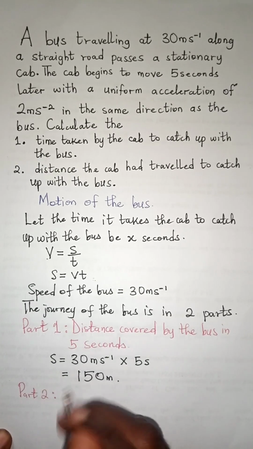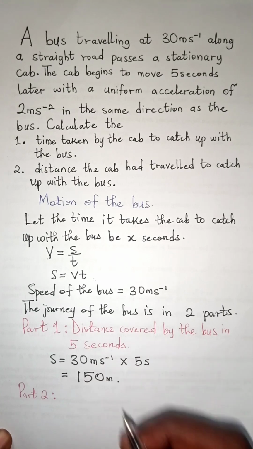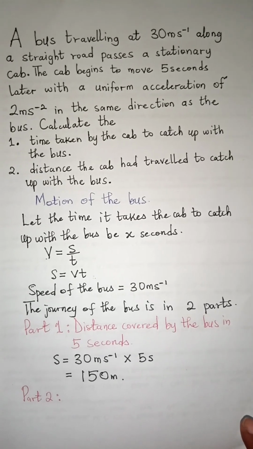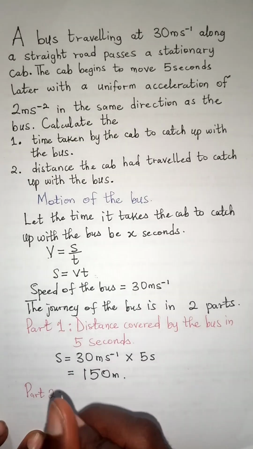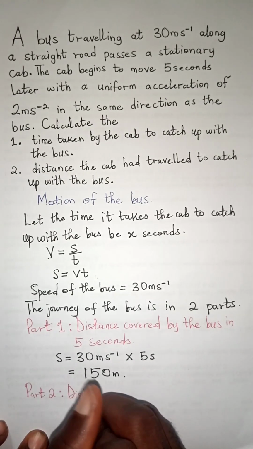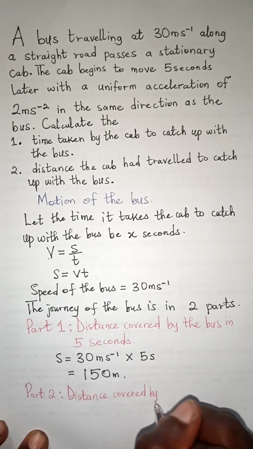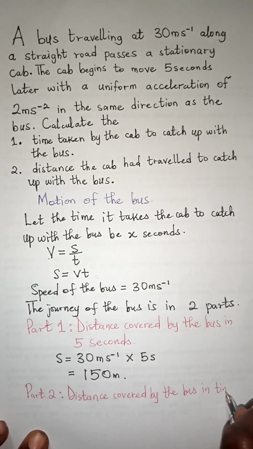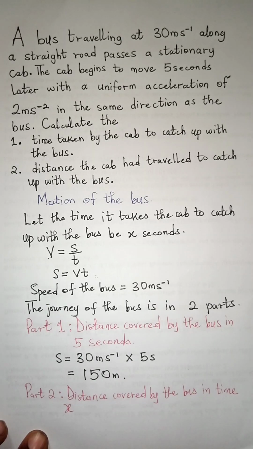So part two is the distance covered by the bus in the time x seconds. That is the time after the 5 seconds during which the cab caught up with it. So part two, journey of the bus in time x, or we can say distance covered by the bus in time x, that is the time it takes the cab to catch up with it.